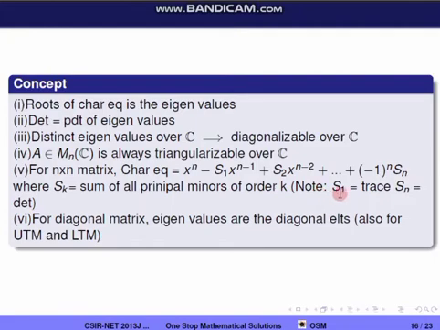Note that s1 is the trace of the matrix and s_n is the determinant of the matrix. Also for a diagonal matrix, the eigenvalues are the diagonal elements. It is also true for upper triangular and lower triangular matrices.